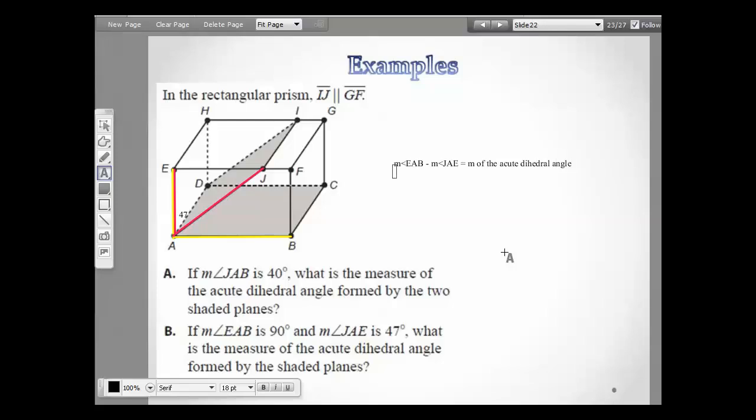So if I type in here 90 minus 47, it's going to equal, oh, we've got to do a little math here, and I don't have my handy dandy calculator available. I know it's 45, and I'm going to take away 2, so 43.